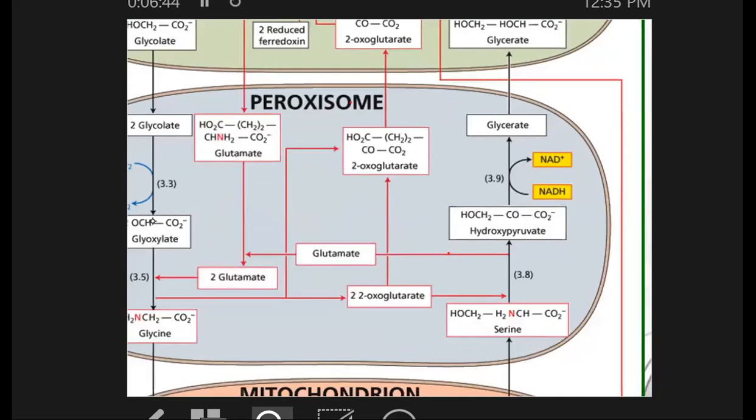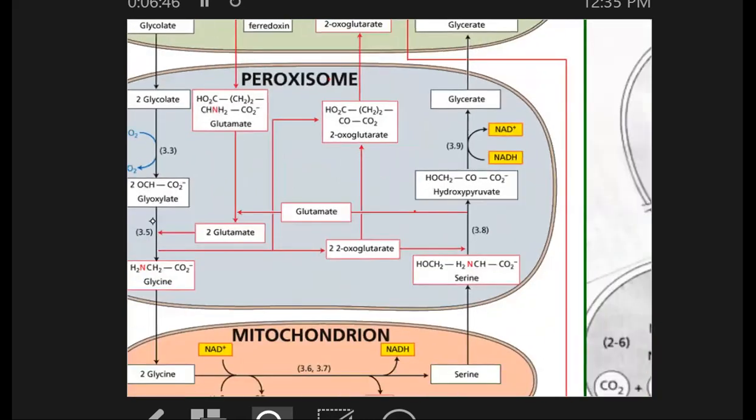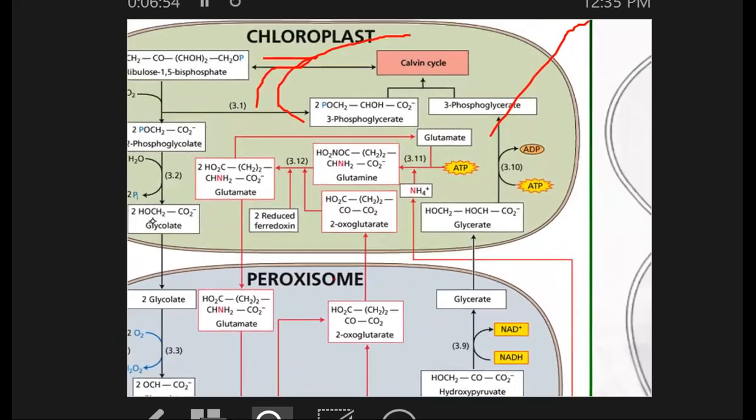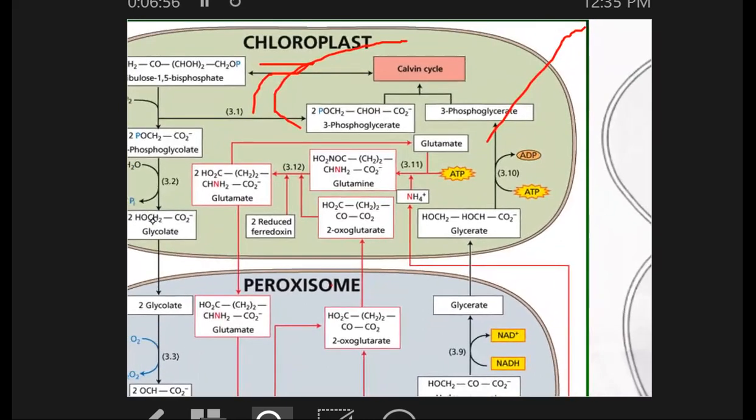If you run the PCO cycle all the way to completion, in this case they're showing the serine coming into the peroxisome, gets converted to glycerate, which gets over into the chloroplast. Now we're pretty close. If you just put a phosphate group on that glycerate, that creates feed into the Calvin cycle.